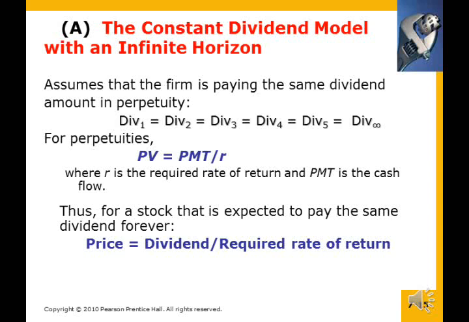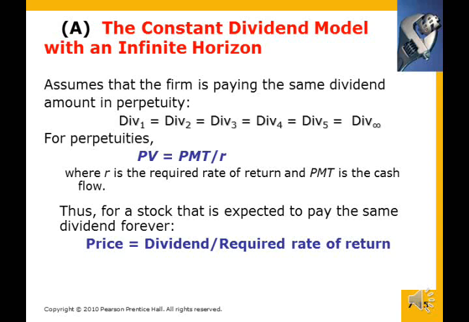This reminds us of the perpetuity, which we said is a series of payments that lasts forever. It's the same idea: I have a series of payments, and they are annuities because they are equal: dividend 1 equals 2 equals 3 equals 4 equals 5, up to infinity.